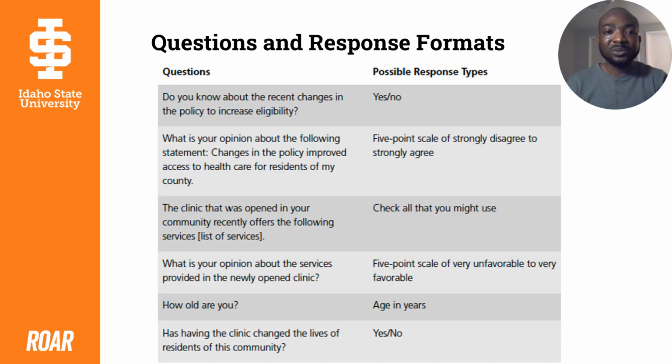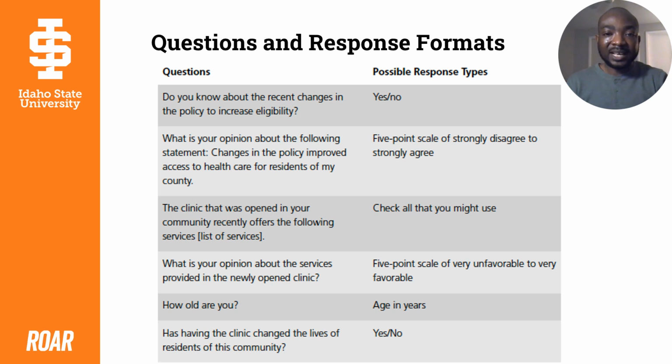So here we see a table with sample questions and possible responses. For a question such as, do you know about the recent changes in the policy to increase eligibility? The response could be yes or no. And then if we ask respondents their opinion regarding a statement such as, changes in the policy improved access to healthcare for residents of my county, the possible responses could be on a 5-point scale, ranging from strongly disagree to strongly agree.